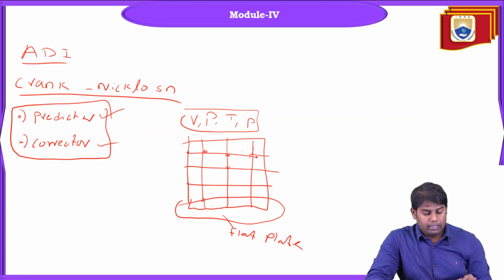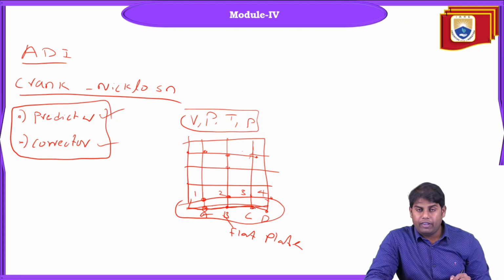Why? Because let's say these bottom points are our internal points. Let us take the boundary points A, B, C, and D, and basically 1, 2, 3, 4 are called your internal points. So, what is the difference between A and 1, B and 2, C and 3, D and 4?